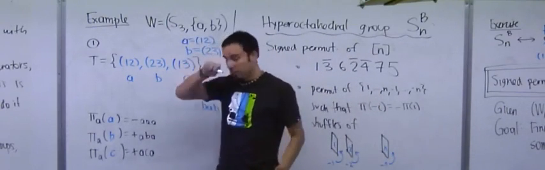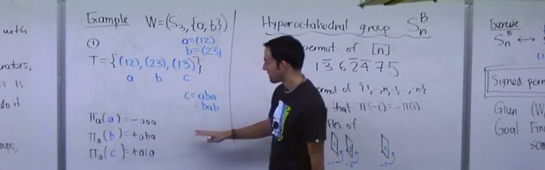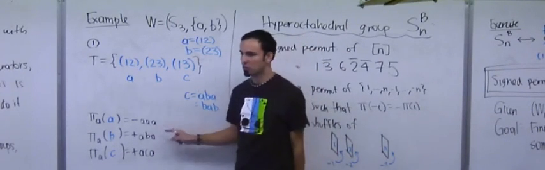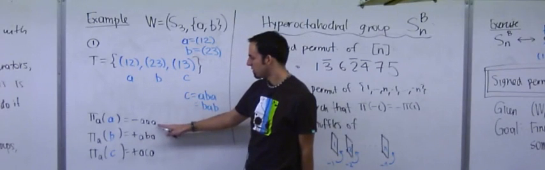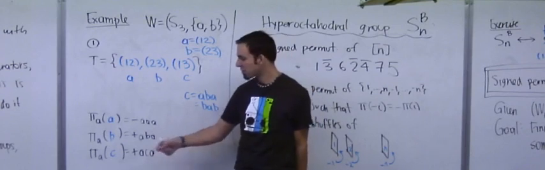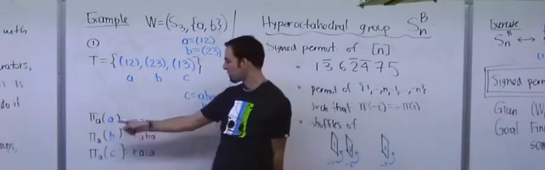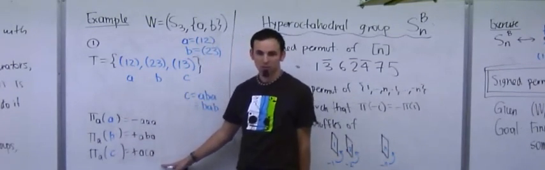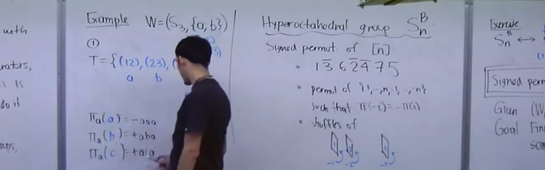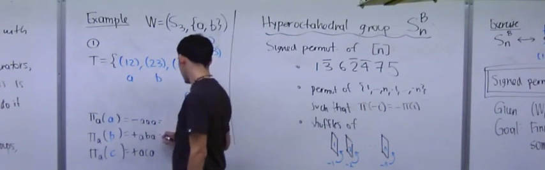Now, there's something that maybe is not immediately obvious to you, which is that what I'm supposed to get here are elements of T, right? Because pi sub A is supposed to permute things in T. So if I plug in things in T, I should get things in T. So hopefully when we compute this, we get things in T. So let's go ahead and compute each one of these guys.